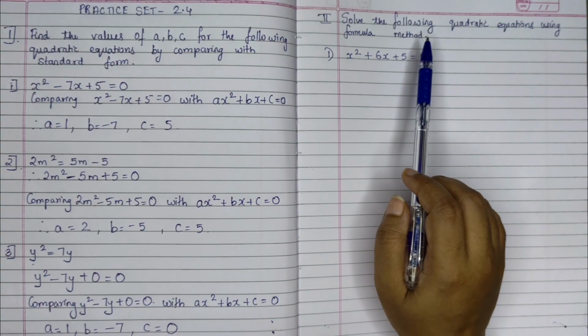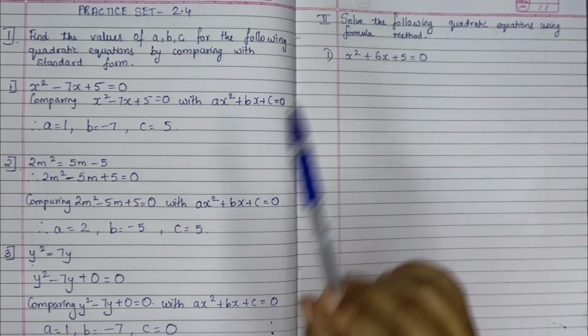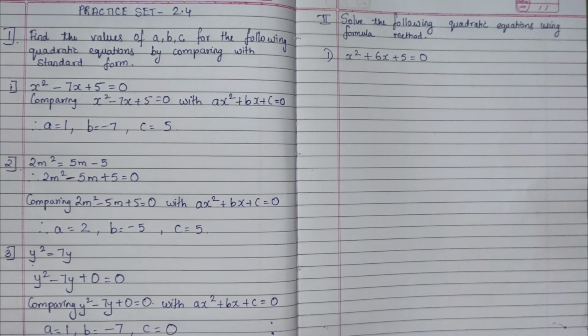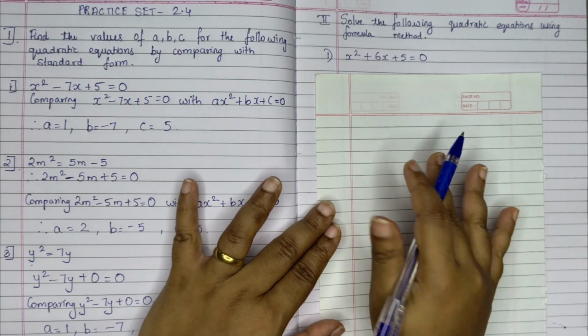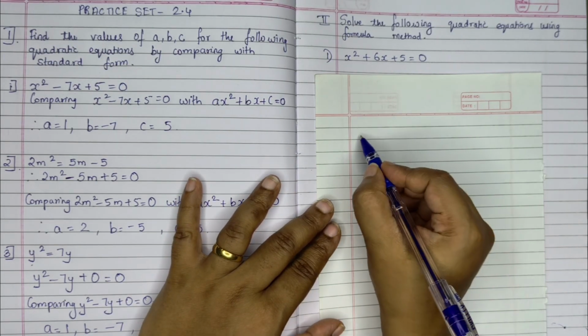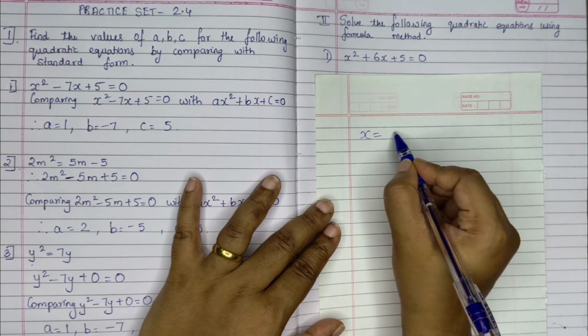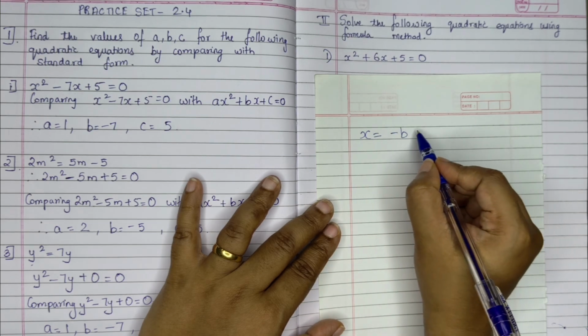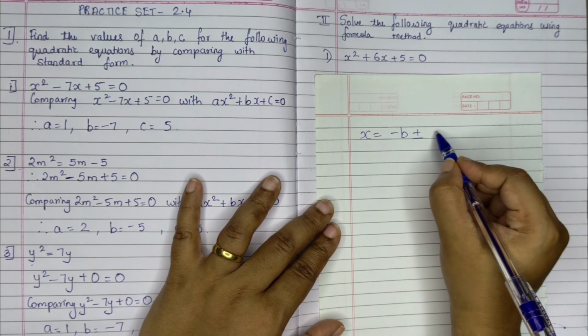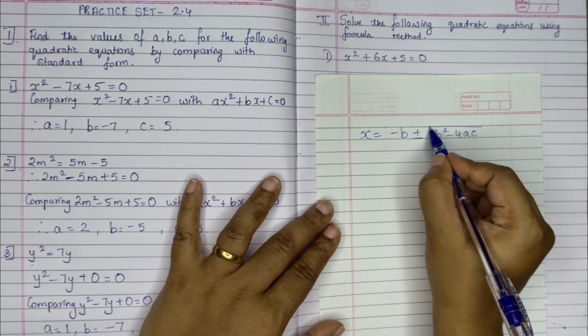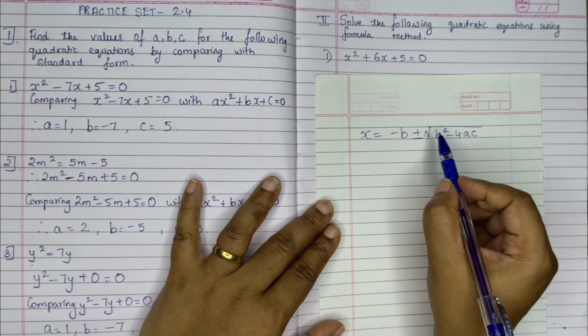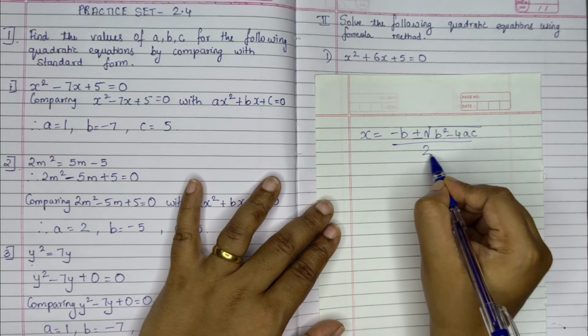So there is a formula to find the value of x, and I'll just write it down here. Now see, the formula is, we have to find the value of x. So the formula is x is equal to minus b plus and minus the square root of b square minus 4ac, upon 2a.